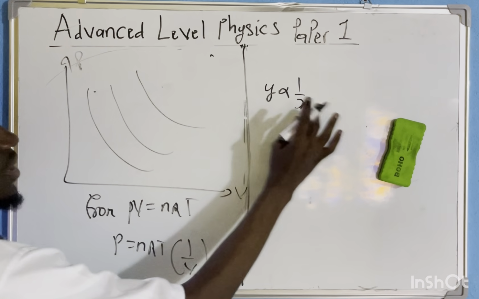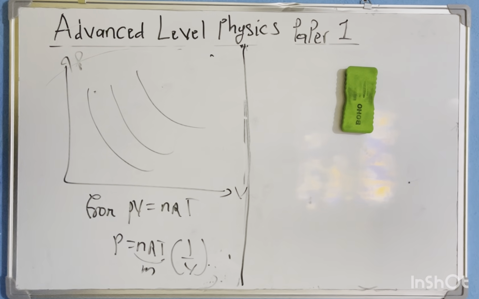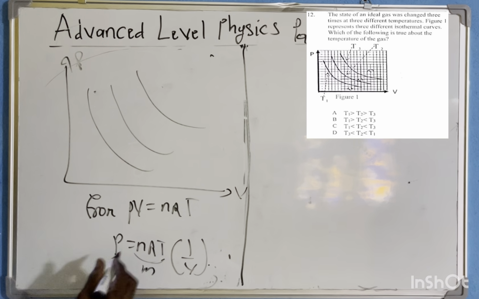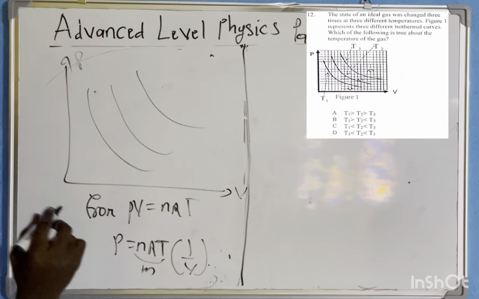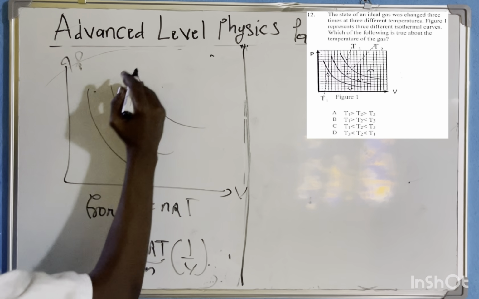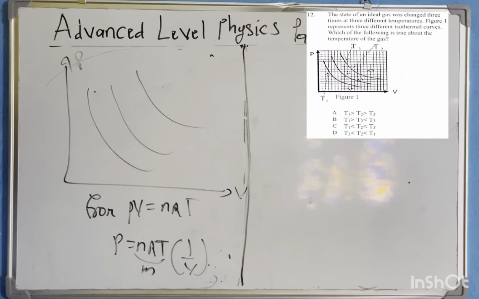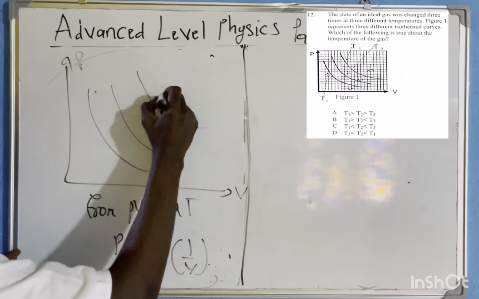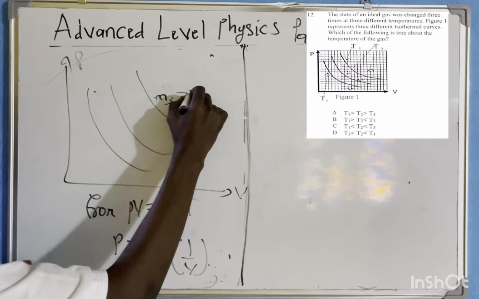Now, from there, you consider the gradient here. This is the gradient of our graph. And the gradient depends on who? Temperature. It means that the more the graph is going upward, the greater the gradient. Let's say the gradient of M3 here is greater than the gradient of M2.